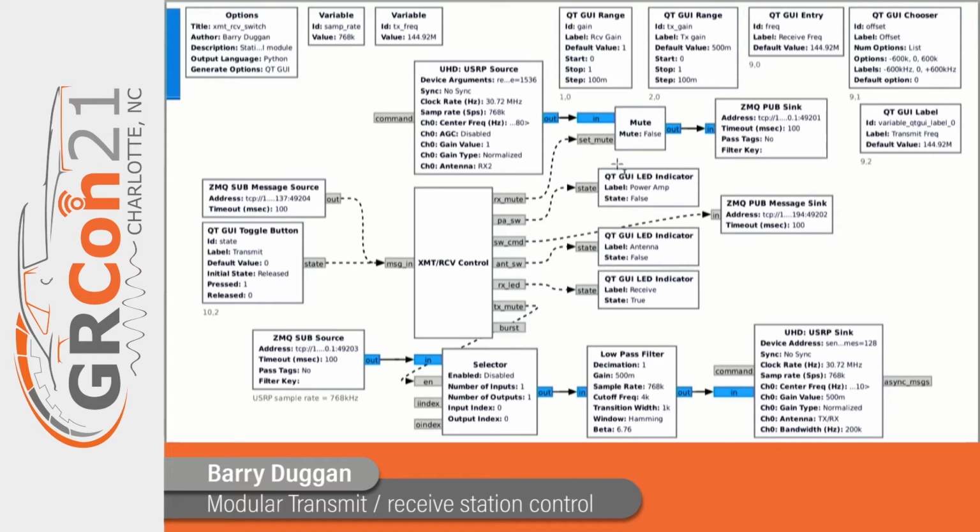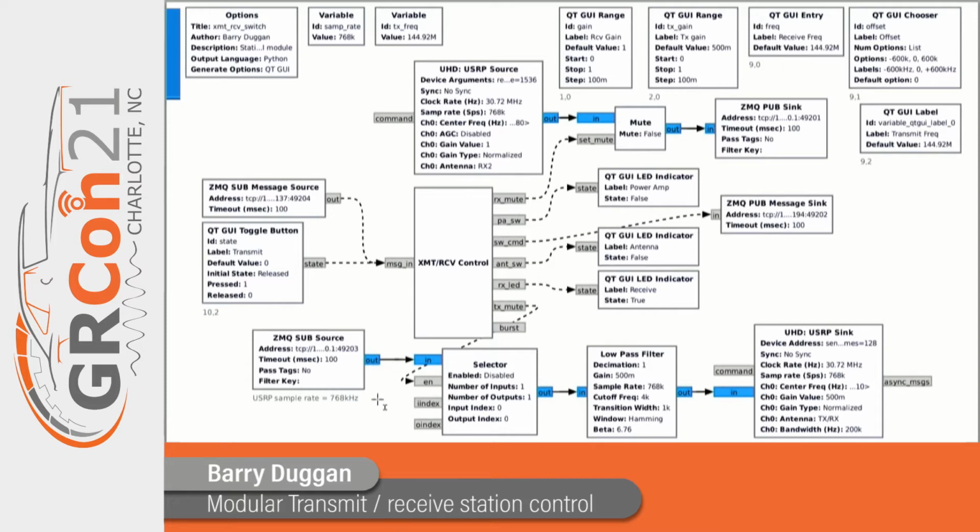Now the reason for doing the mute up here and the selector down here: when you set a mute block to mute, it continues to stream zeros on the output, which is fine for a receiver.